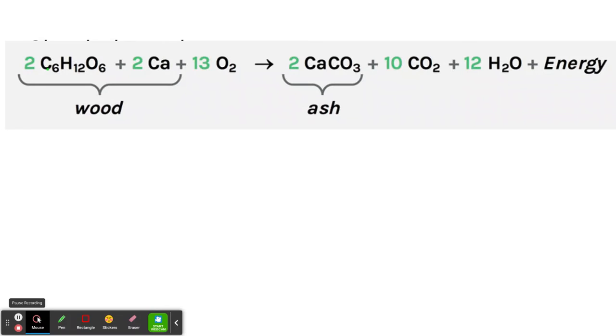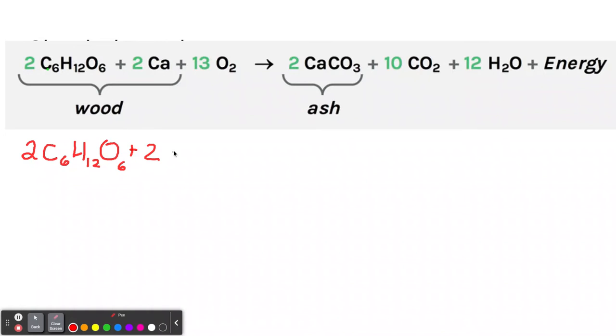So if we're burning wood, here's the formula for burning wood. Get our pen going again. So you can say it has the coefficient here. This is the coefficient of 2. It has 2 of the 6 carbon molecules. Also, this whole molecule here with 12 hydrogen and 6 oxygen, there's 2 of these.